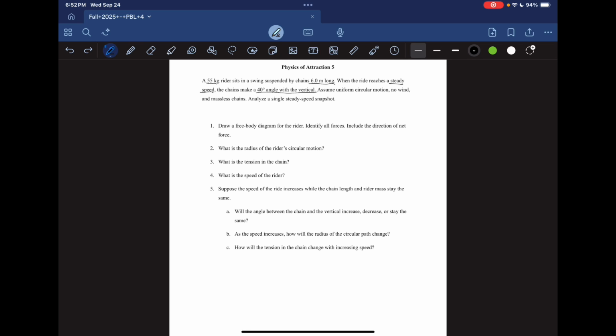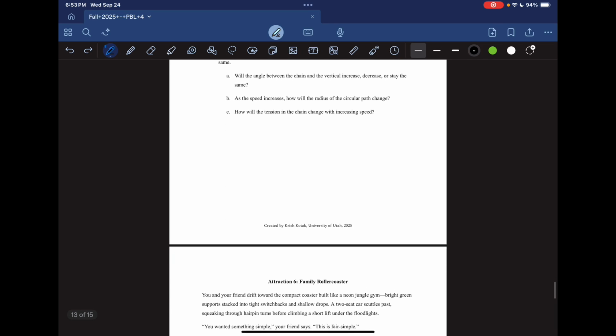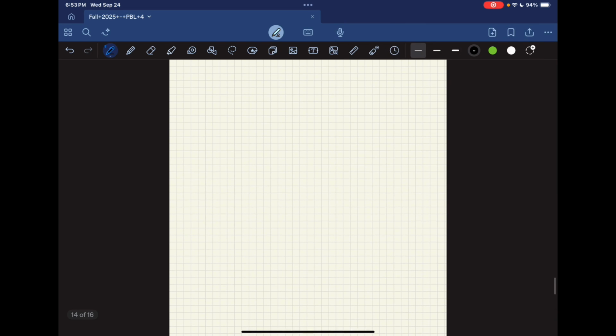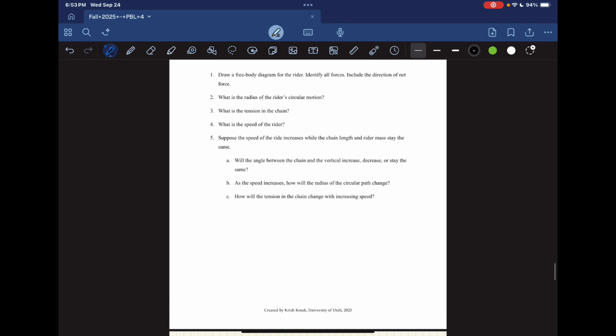First thing is to draw our free body diagram for the rider, including the direction of net force. Let me get us another page here. I'll do the free body diagram up here. So we have the chain coming down here. Here is our rider. That's kind of all there is to the diagram. I'll do our forces in red. There's going to be a tension force along the chain, and of course a force of gravity straight down equal to mg.